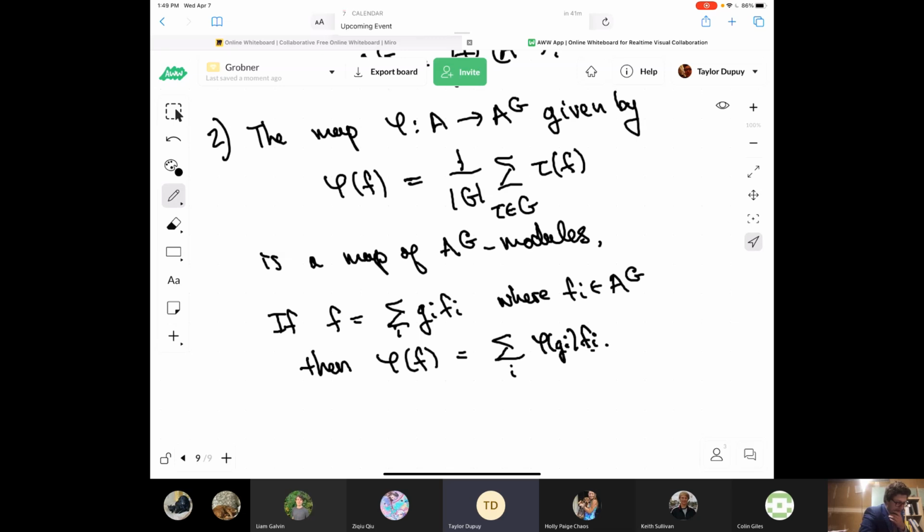Usually we write modules like the left multiplication in front. So it's supposed to be an AG linear map. All right, this map is AG linear. We're just going to assume that.